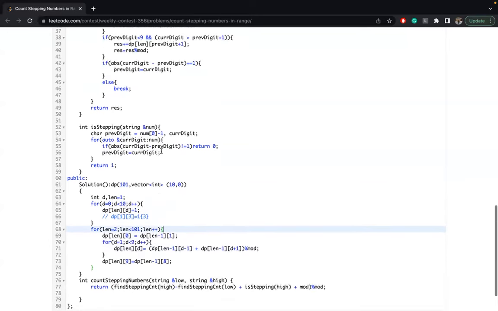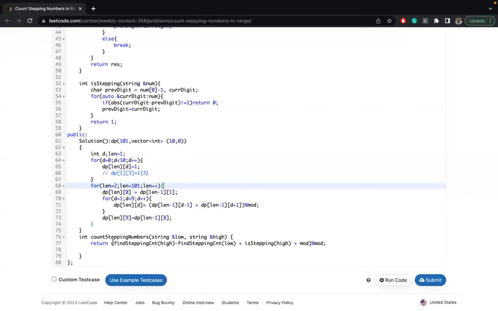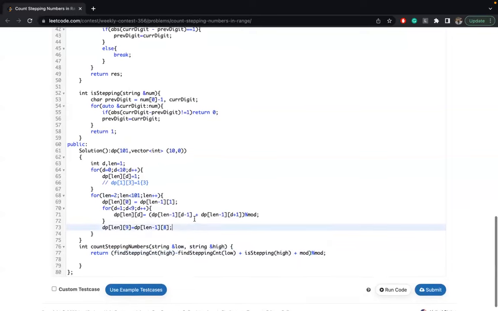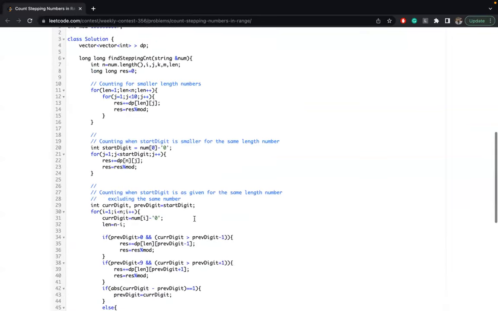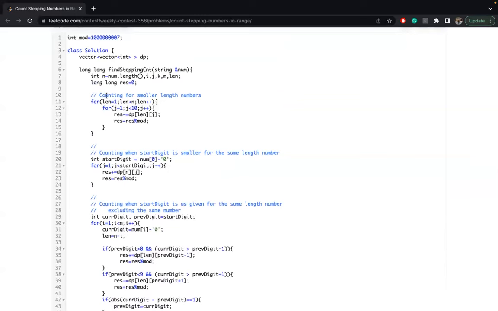But again, now I have to find out the stepping numbers till a number. So to find out the stepping counts till a number, the first thing we are doing is counting all smaller length numbers.